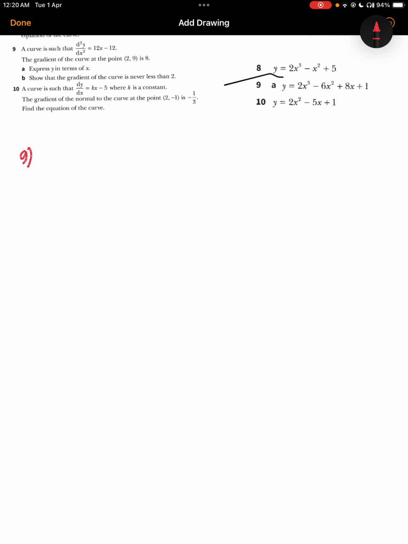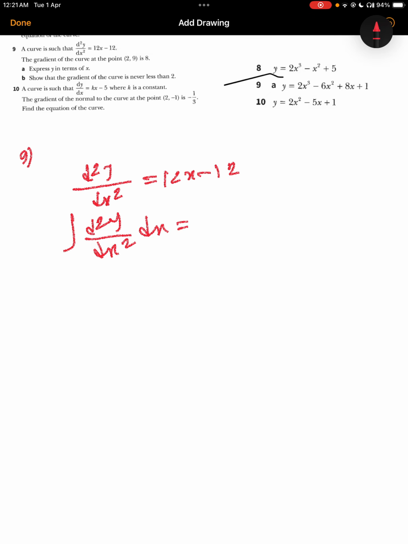So guys, the given equation is d squared y over dx squared, which is equal to 12x minus 12. For the first integration, I am integrating with respect to x, taking each part individually. So the integral of 12x dx minus 12 dx.